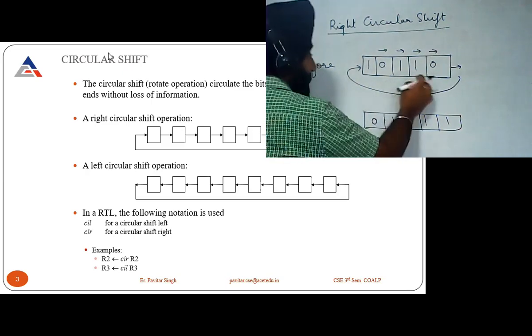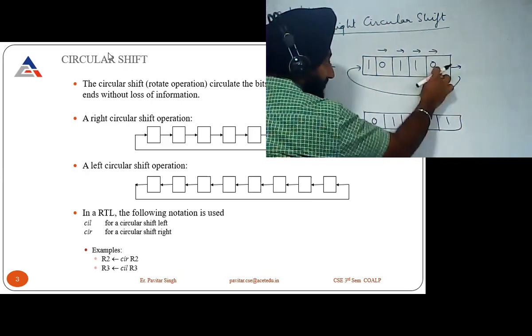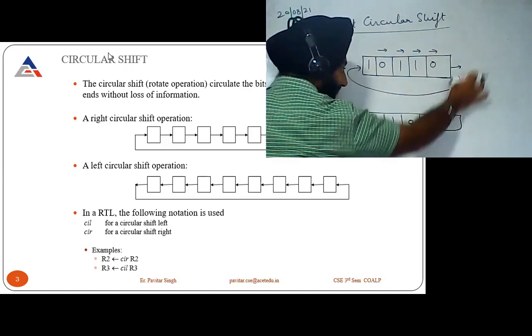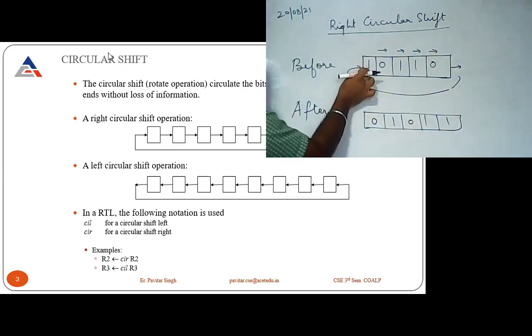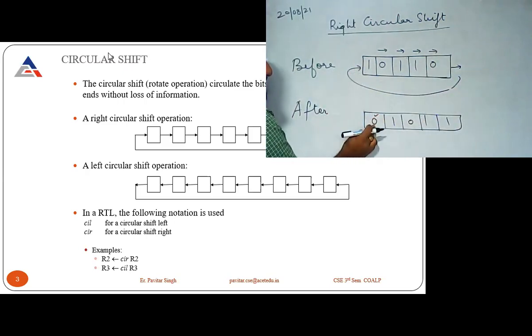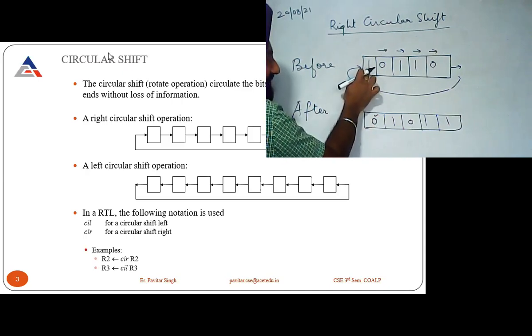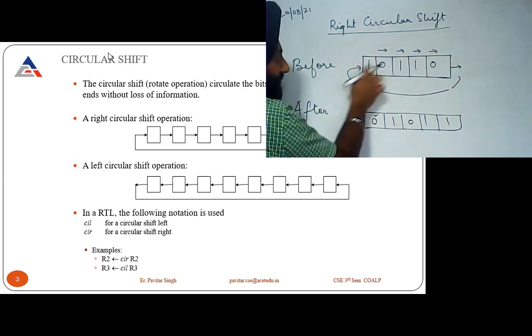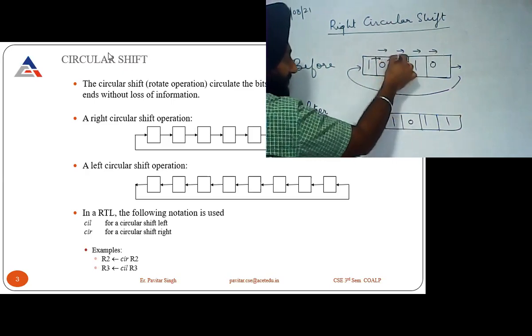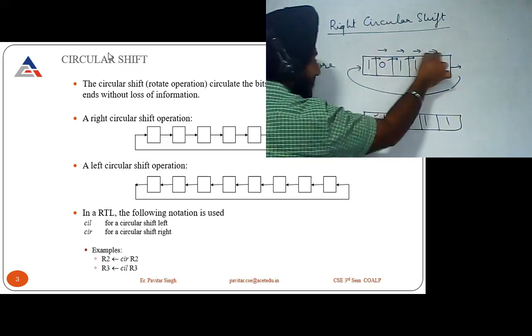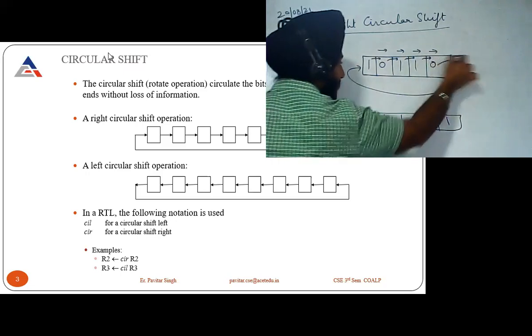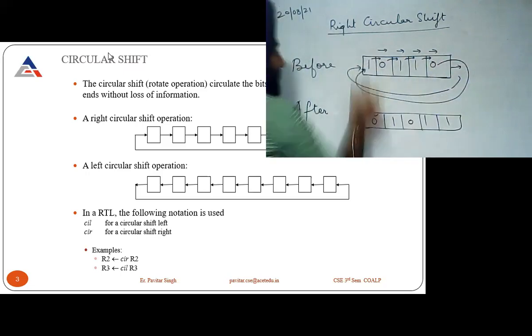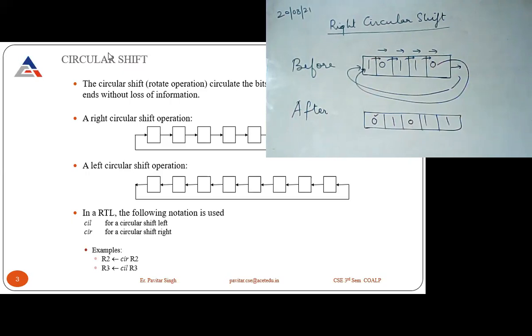Check again: this zero will be taken outside and it will move to the first position, so it will become 0, and all the other bits will be shifted to the next flip flop. So it will be going to this position, this position, this position, and this 0 will hold the first position. So this is your right circular shift.